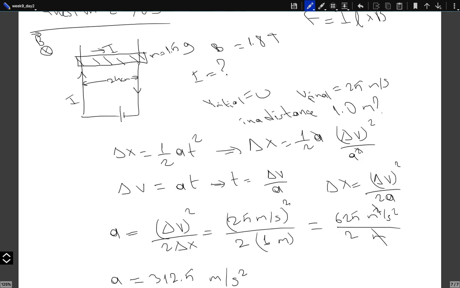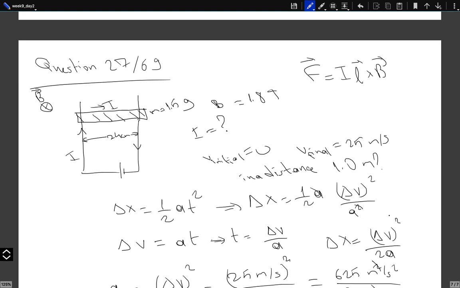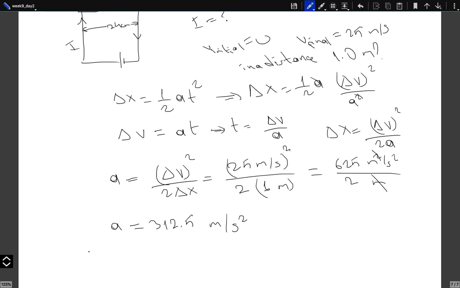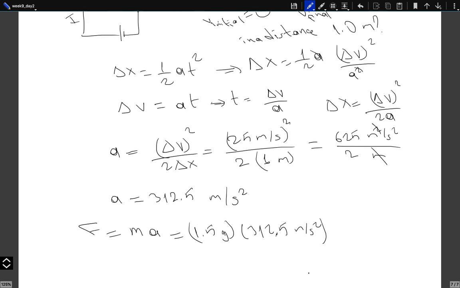Now, we know the acceleration. The mass is 1.5 grams. What should be the force acting on it? The magnitude of the force is mass times acceleration, 1.5 grams times 312.5 meters per second squared.